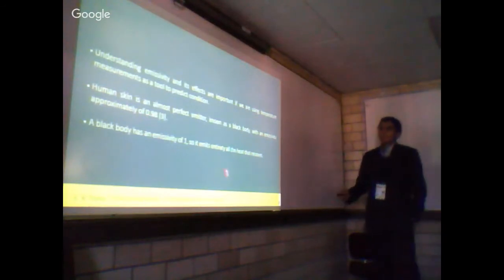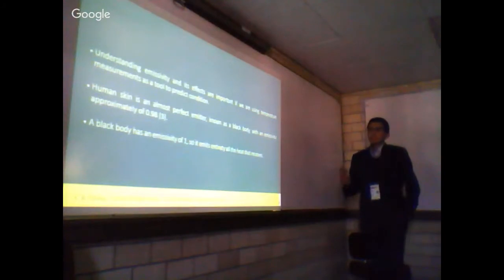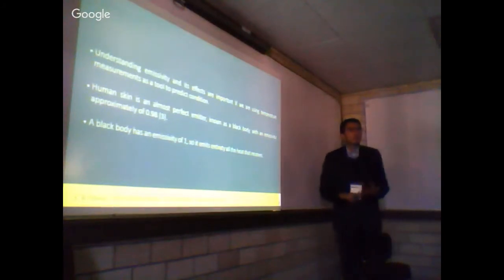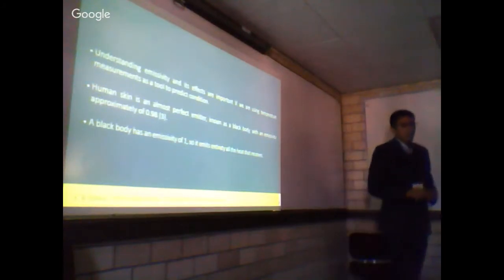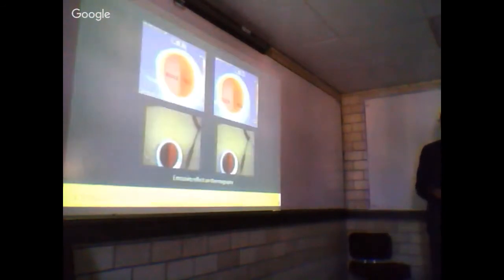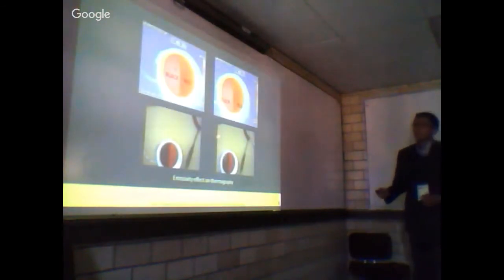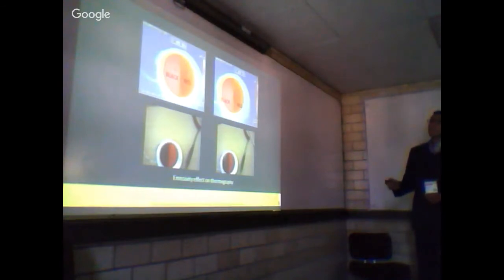A black body has an emissivity of 1, which means that it cannot absorb or reflect infrared energy. Here we can see an example where we have an area, and we assume that all this area has the same temperature. If we adjust the camera with a constant emissivity of 0.95, only because it is painted in different ways, it can give different measurements. As you can see, it differs by 2 degrees.